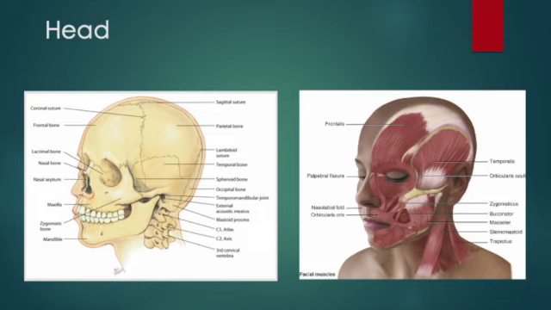The nasolabial folds, these creases extend from your nose to each corner of your mouth, and they should be symmetric. In addition to the movement of your face, you should have equal sensation of pain and touch. These are mediated by your cranial nerve 5, and there's 3 branches of cranial 5, which is also called the trigeminal nerve.